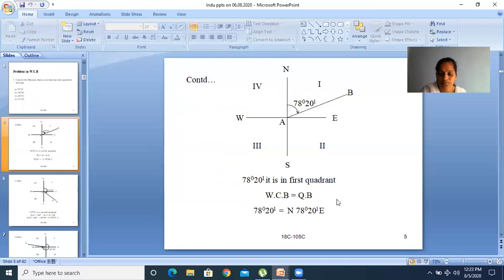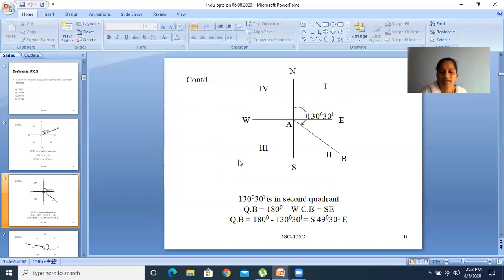Then the next one, the second one, 130 degrees 30 minutes. The line lies in the second quadrant, because the bearings in the second quadrant are from 90 to 180. They have given 130 degrees 30 minutes, so the line lies in the second quadrant.